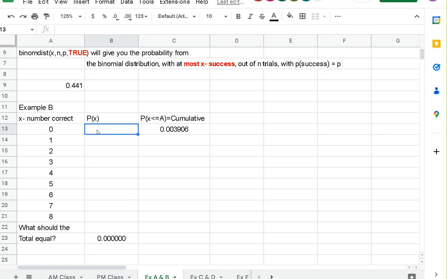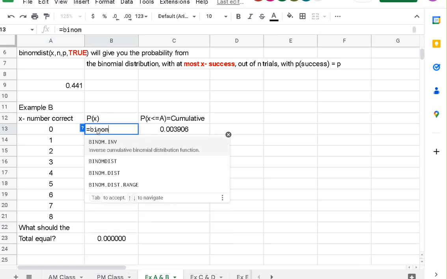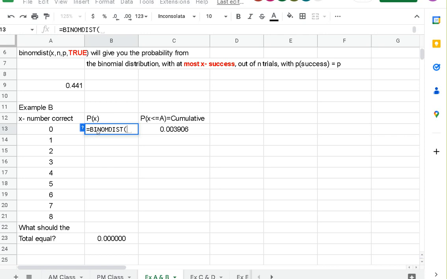So what was the command for that? Equals binom dist. By the time you get to the D, it should fill things out for you. You want X first, that is the number correct. So this time, instead of typing in a number, I'm going to type in the cell. I'm going to just click that cell.